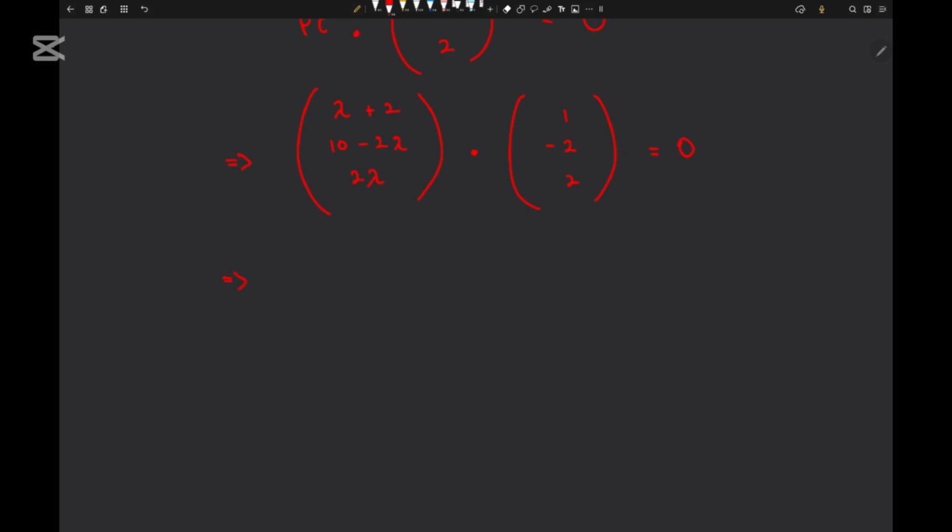Now if I multiply the corresponding values, I should get the answer. So 1 multiplied by (lambda plus 2), and minus 2 multiplied by (10 minus 2 lambda), and plus 2 multiplied by 2 lambda will be equal to 0. So from this we can find out the value of lambda at point C. So the value of lambda is 2.